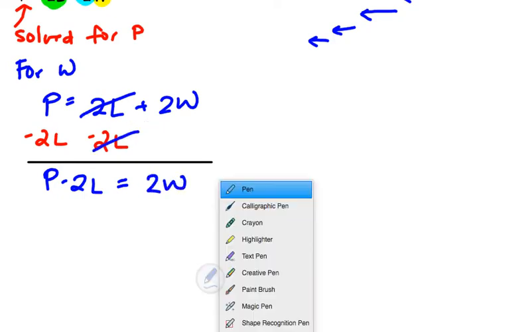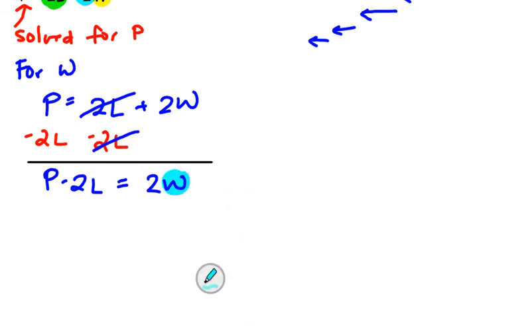Now remember, it is important to know what we're solving for, so we want to know what W is equal to. Once again, in order for us to do that, we need to get rid of this 2. What's going on between this 2 and this W is multiplication, so in order for me to get rid of this 2, I need to divide by 2.